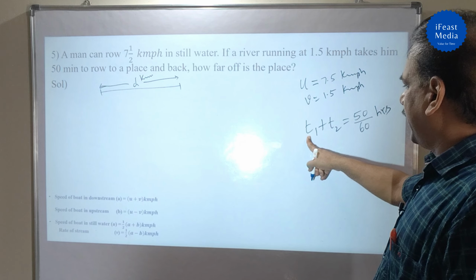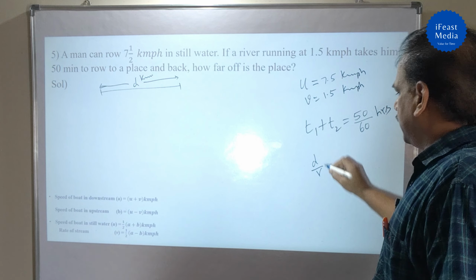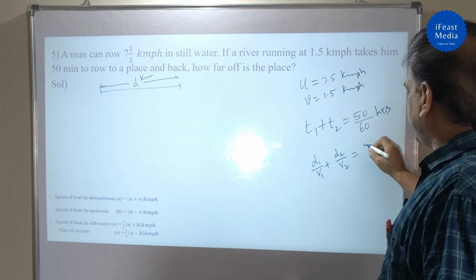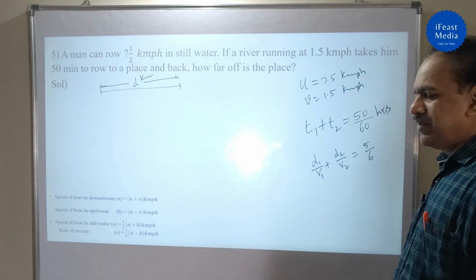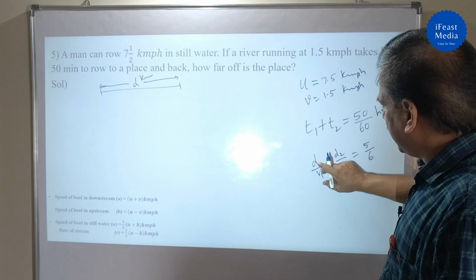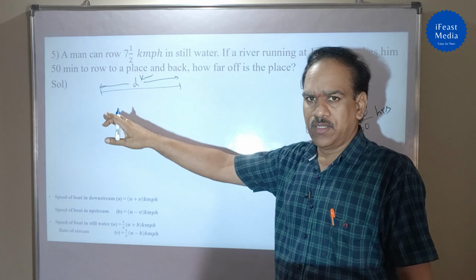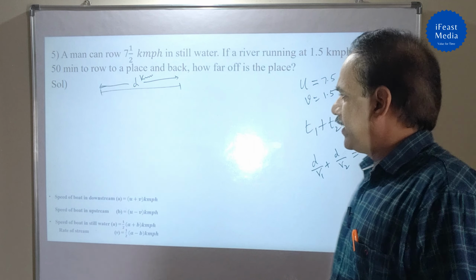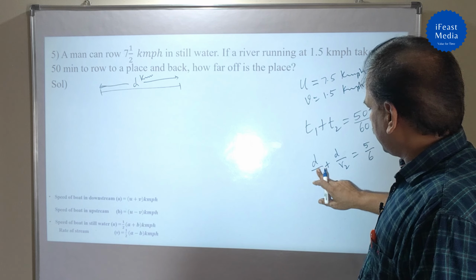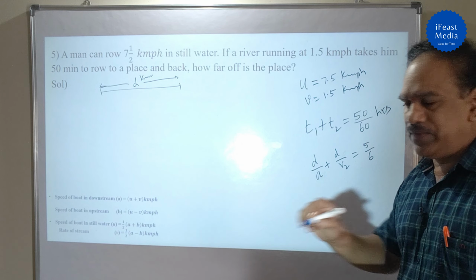Time is distance by speed, so d1 by v1 plus d2 by v2 is 5 by 6. The distance is the same, because d1 equal to d2: row down and row up, the same distance, d and d. And what about the speeds? When this person is rowing down, the speed is denoted by A, the speed of the boat in downstream.